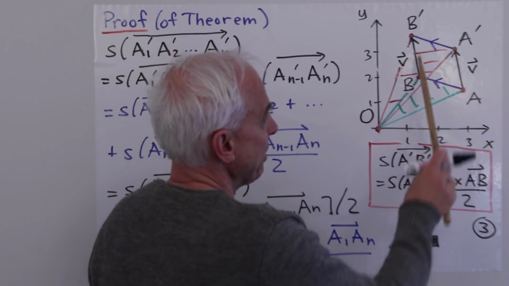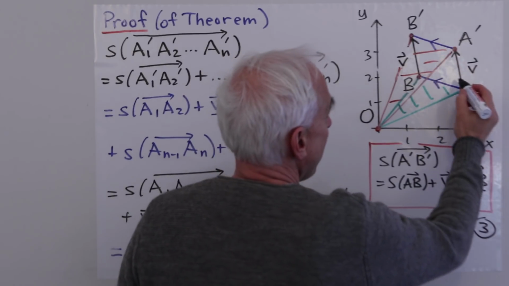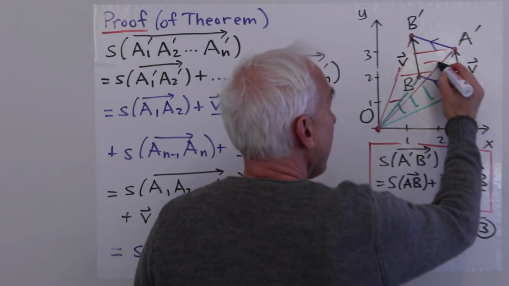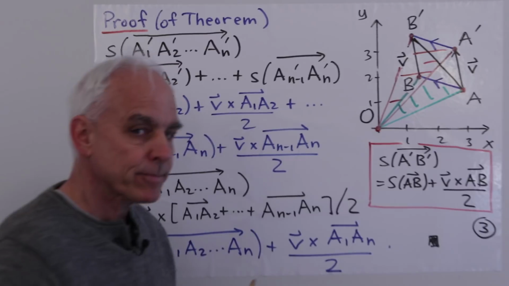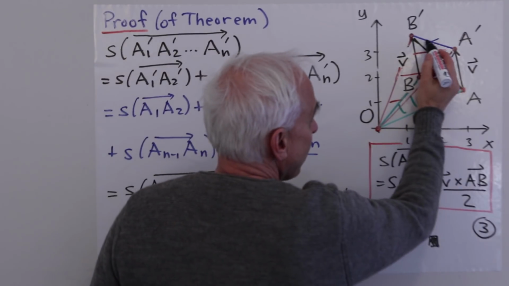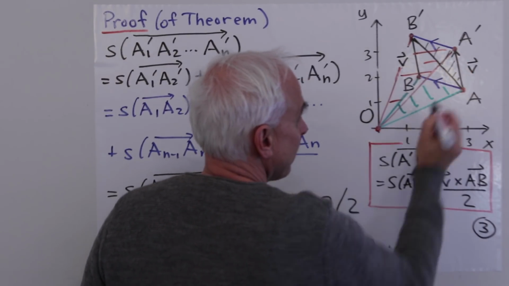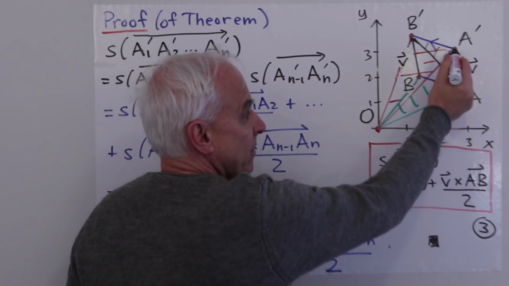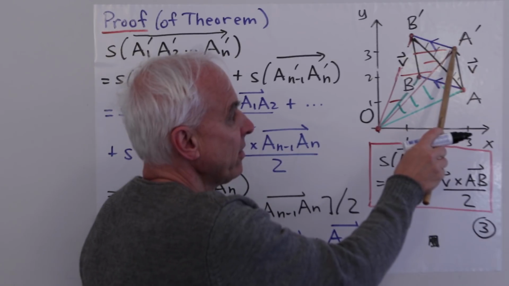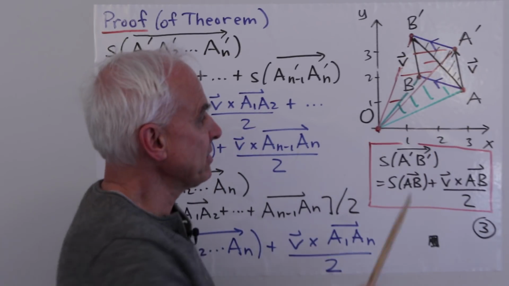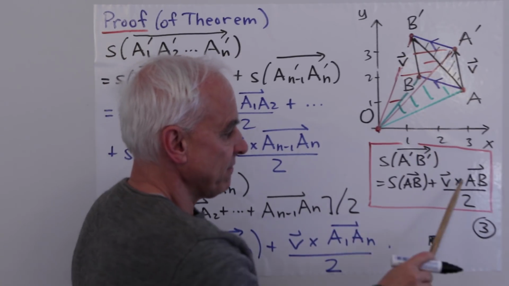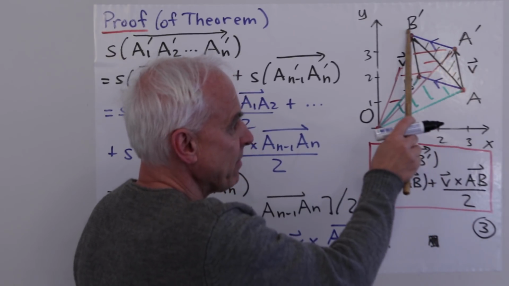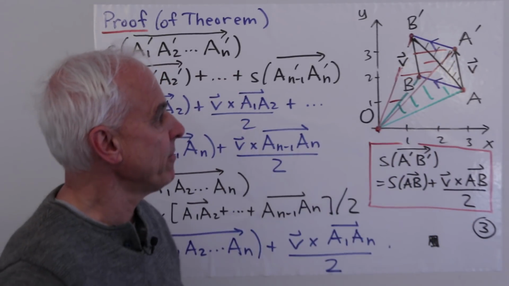If we take this parallelogram here and we go from here up to there, then this triangle here has one side V, and this side here, A prime B prime, is the same as the vector AB. This is the vector AB, so it's equal to the vector A prime B prime, because this is a parallelogram.